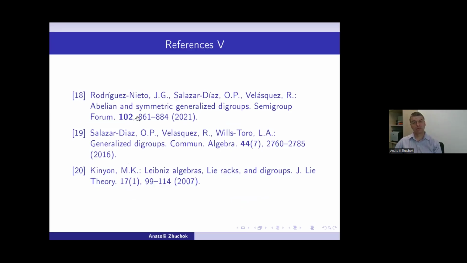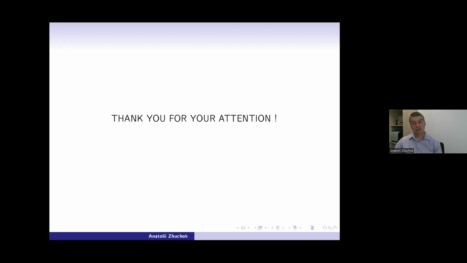Also, paper 11 is about such objects, and 19. And also Kenyon, we remember Kenyon considered the class of D-groups in connection with algebra. Thank you for your attention.